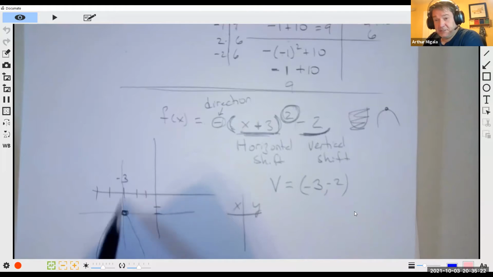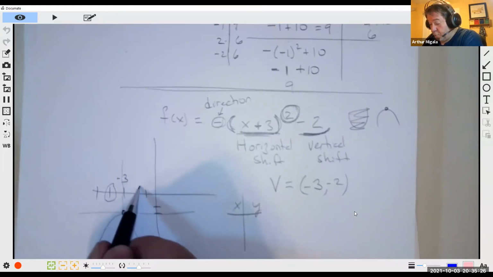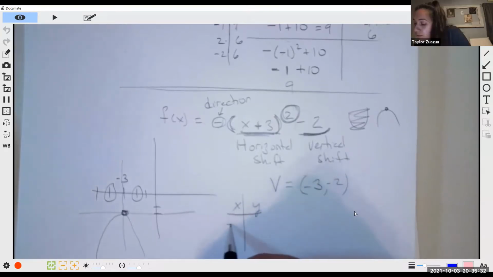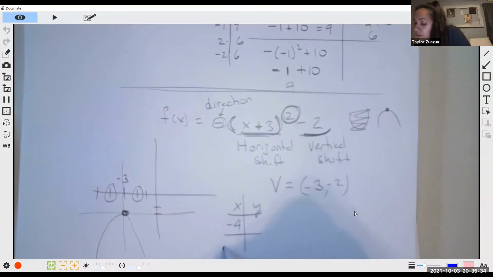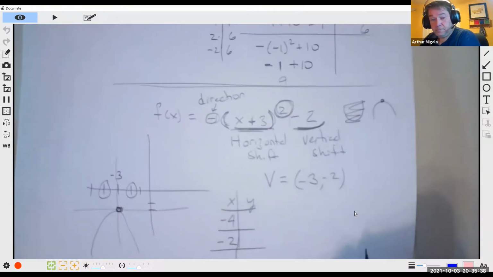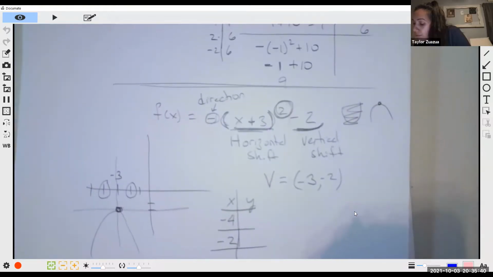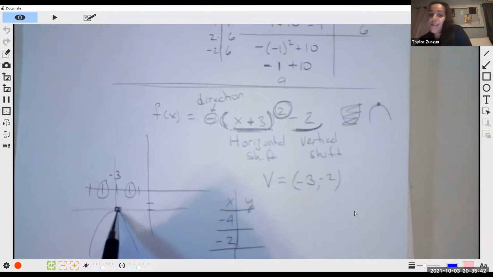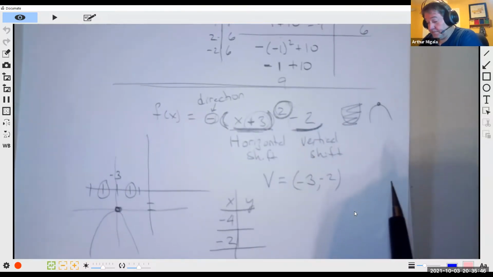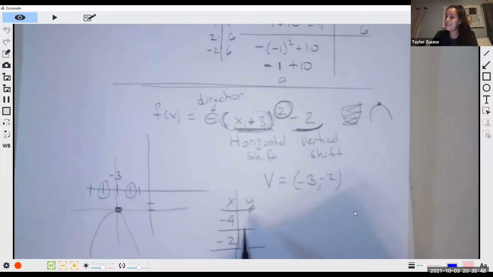Once you know where the vertex is, pick one number to the left, one number to the right, and use those. So we have -4 and -2. Okay, makes sense now.